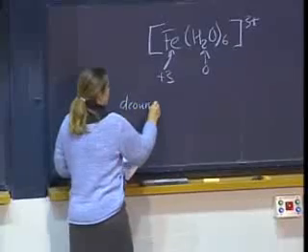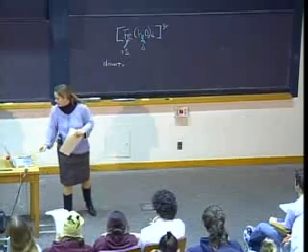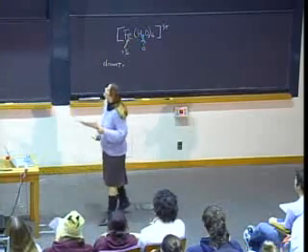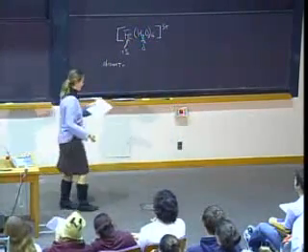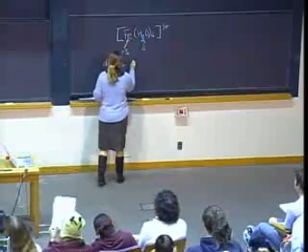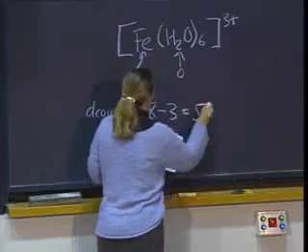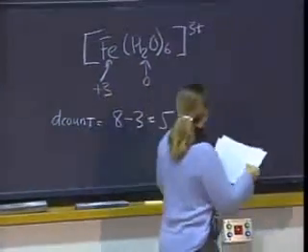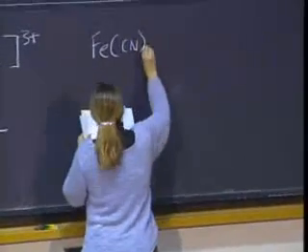Then the d count is going to be equal to, I'll put up a periodic table, what? 5, right. We look up the group number, which is 8, minus 3, which is 5. And our other iron complex will be the same.